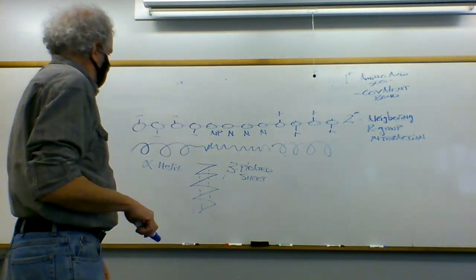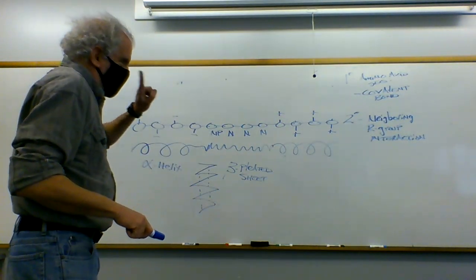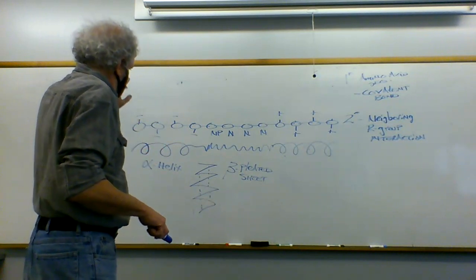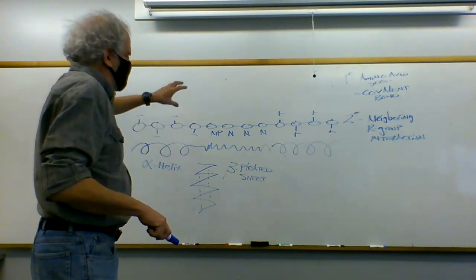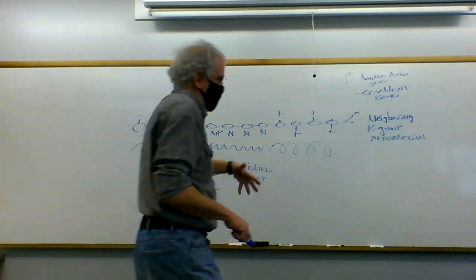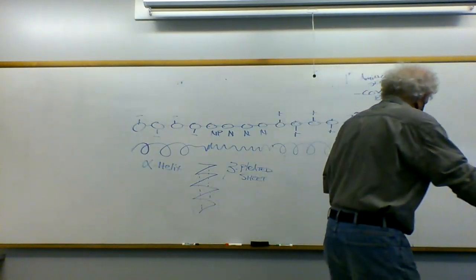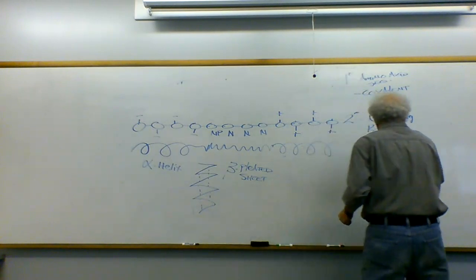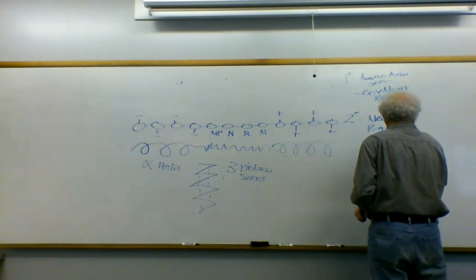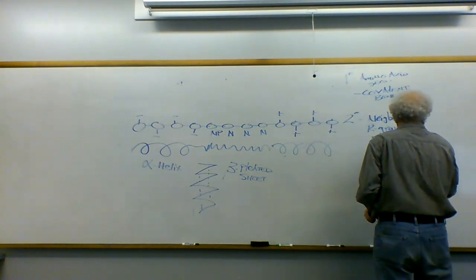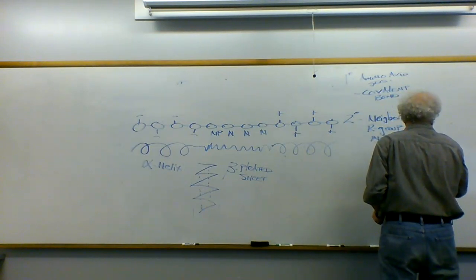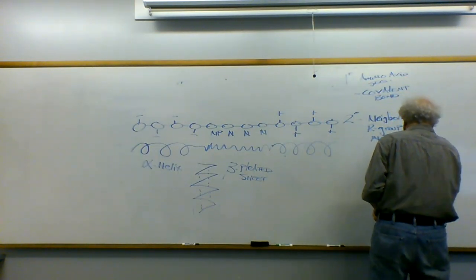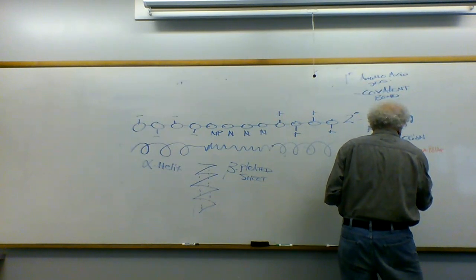Now, the critical point here is the charge interaction and hydrogen bonding interaction. The bonds that are responsible for secondary structure are going to be things like polar, nonpolar interactions. Let's see.